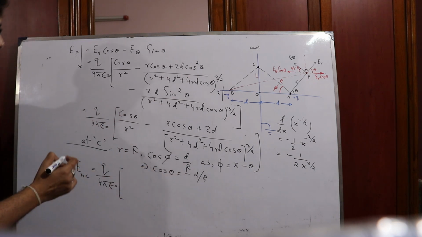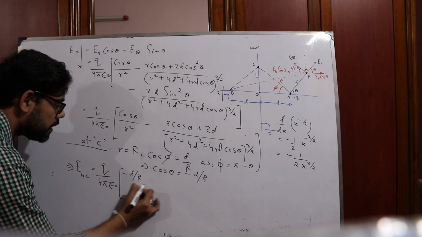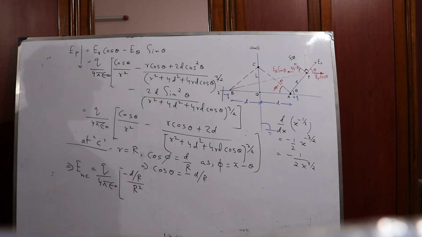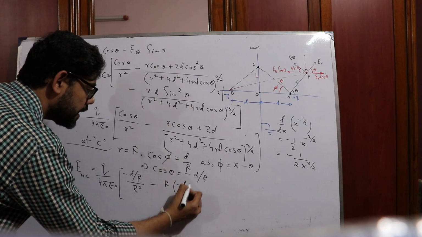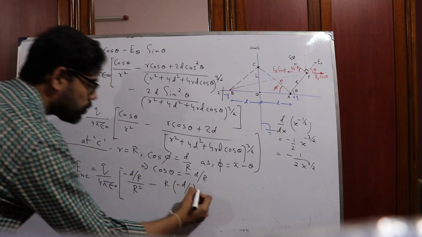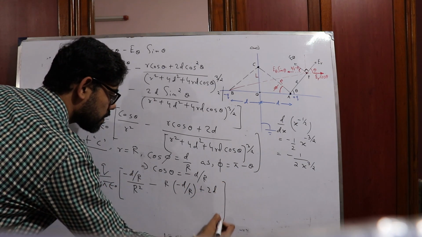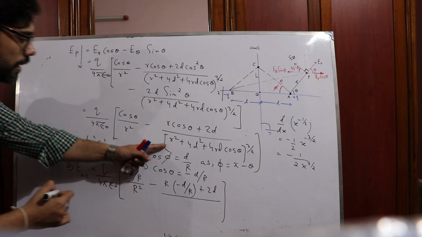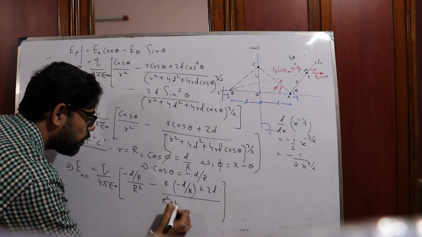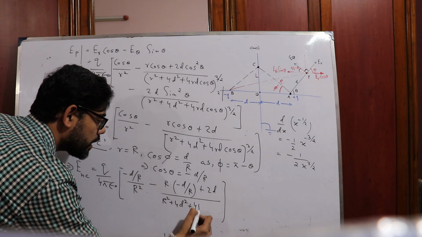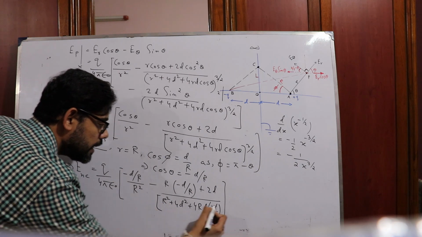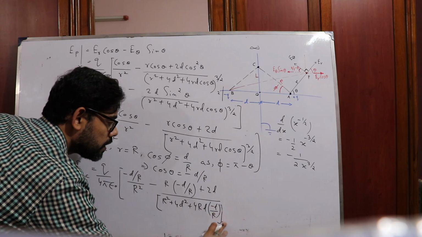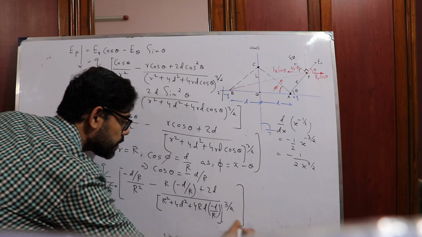Cos theta is minus d by r, so minus d by r divided by r square, minus R cos theta, so I can write R into (cos theta, minus d by r) plus 2d, divided by (r square plus 4d square plus 4 capital R d times minus d by r), and this whole thing raised to the power 3 by 2, right?